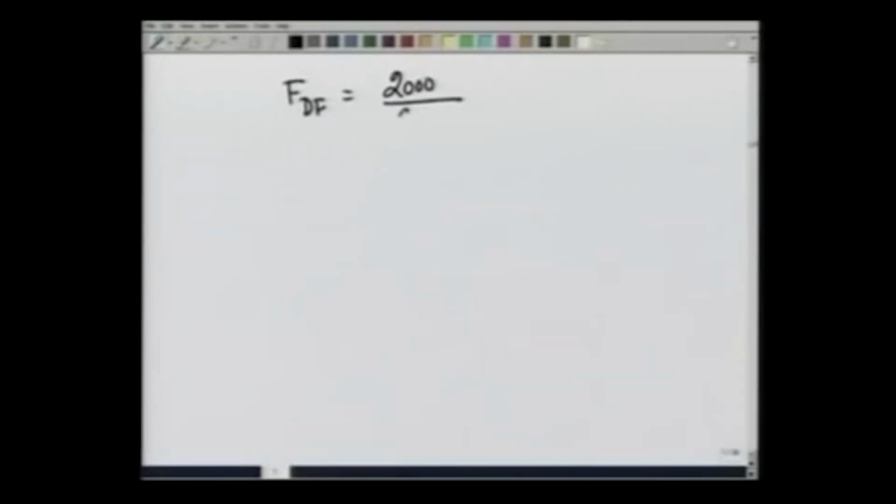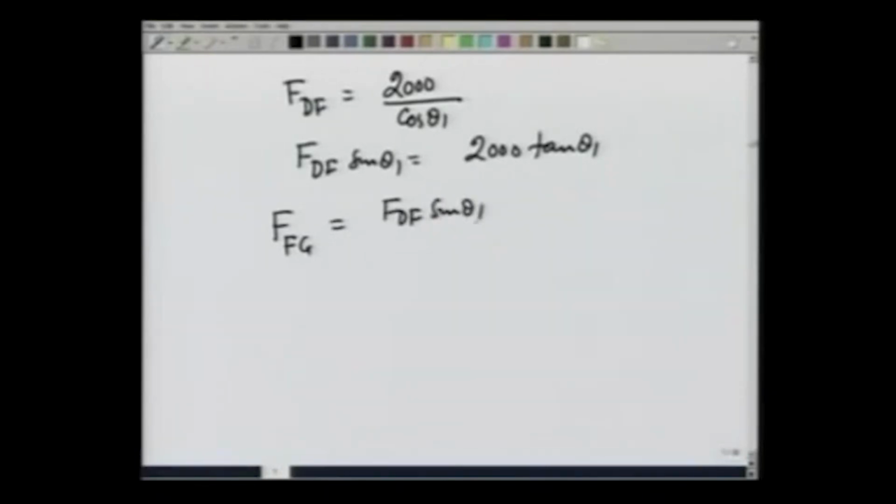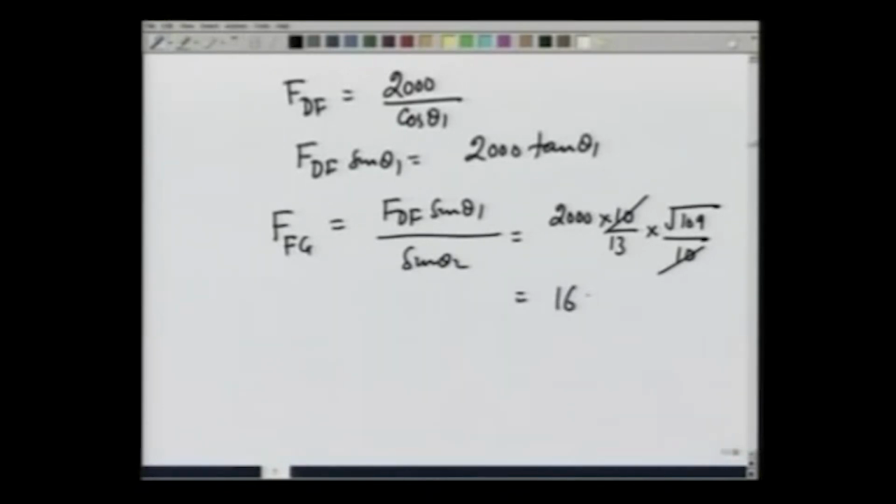Recall that F_DF was 2000 over cosine theta 1, and therefore F_DF sine theta 1 is 2000 tangent theta 1, and F_FG is going to be F_DF sine theta 1 over sine theta 2 that we saw from this balance equation, which is going to be 2000 times 10 over 13 times the square root of 109 divided by 10, and that comes out to be 1606 newtons. So, we have found F_FG also.